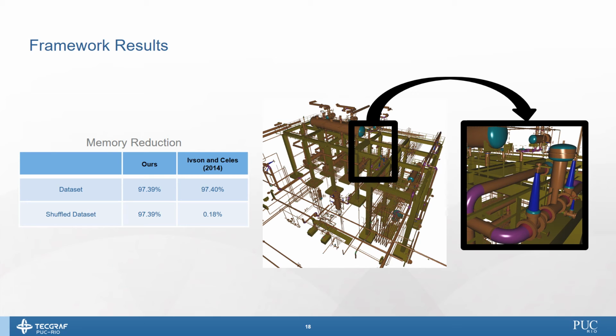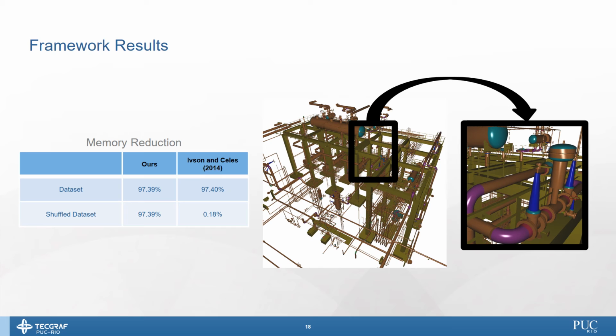To simulate this case, we shuffled the vertices and the triangulation of the geometries, and we show that our method maintains the same memory reduction, while Ibsen and Salles cannot optimize this type of model, since it is very topology dependent.